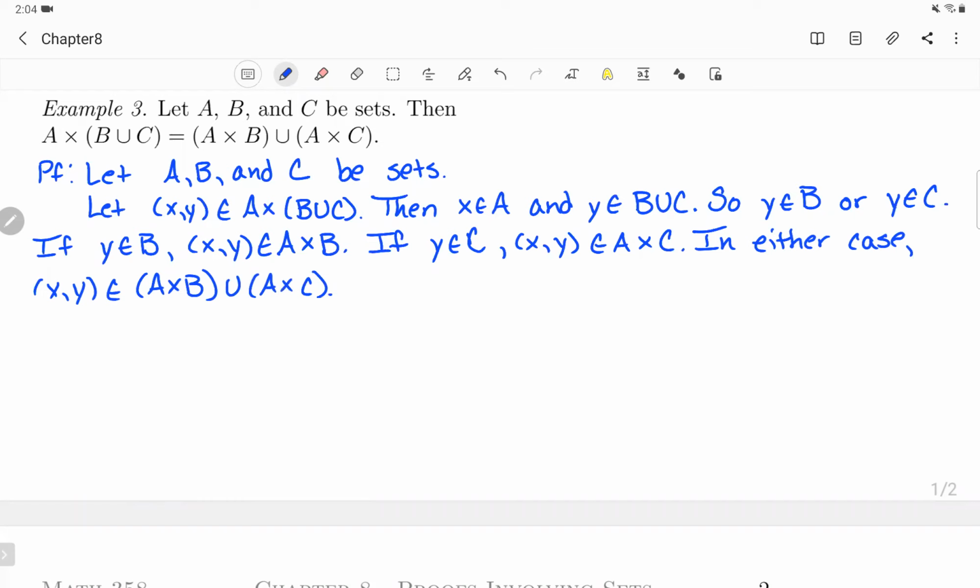Is it okay if we just write them in different colors so we know what we're doing? I'm fine if you use colors to keep track of different parts, especially on a tablet where it's easy to switch colors.